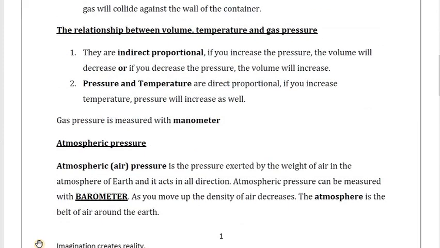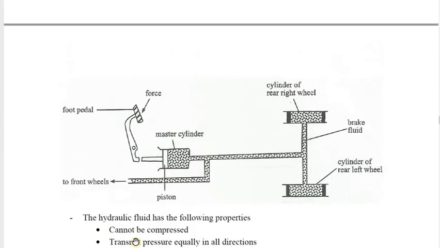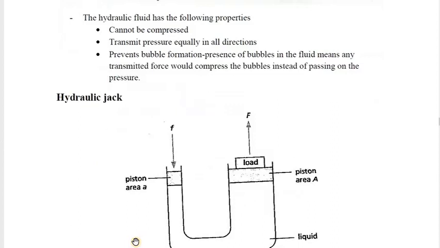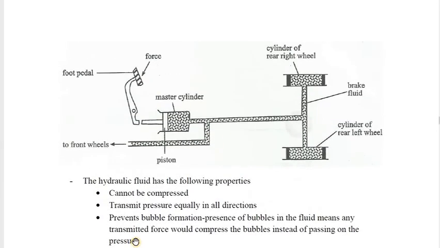If we look at the relationship now between pressure and temperature, for those who didn't see last week, I'll just put this on the screen again. This is a hydraulic jack, and this is a hydraulic system. Remember, we're talking about hydrostatic pressure. This is how the brake system in your cars work.